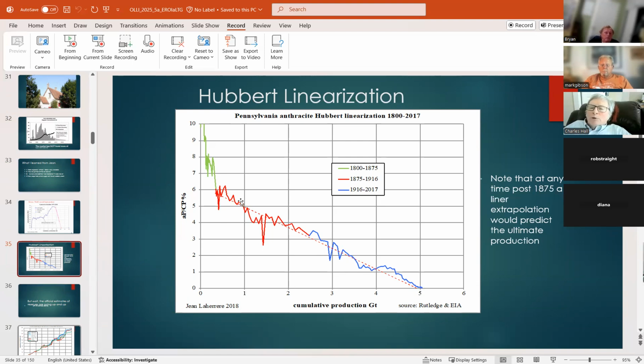Even when you've produced only 20% of the resource, you can get a pretty good idea of what your total production will be. And John has used this, and the results indicate, yes, that fracking has saved us for a decade or two, but it's not going to indefinitely.